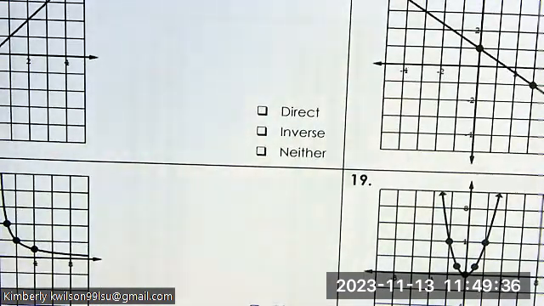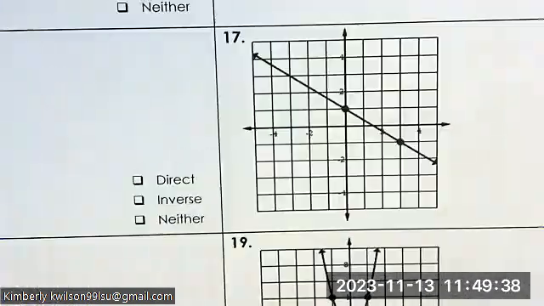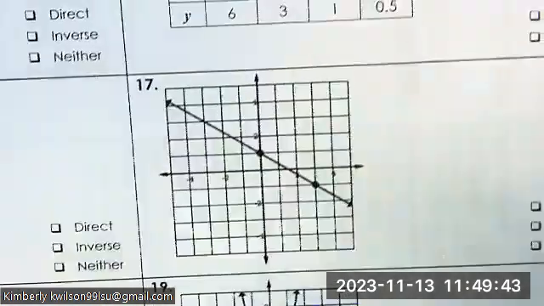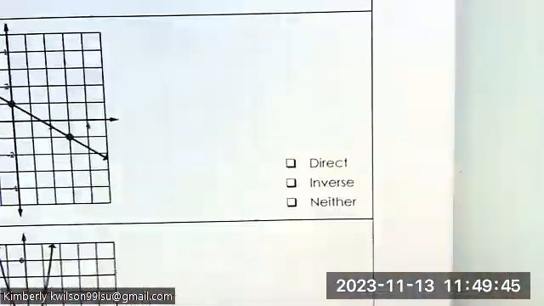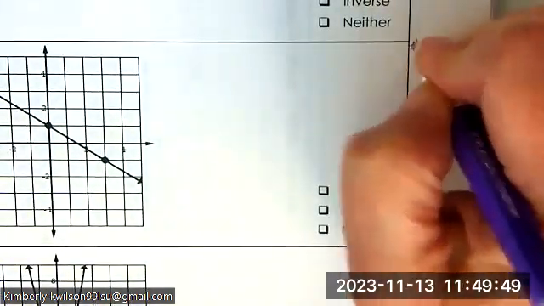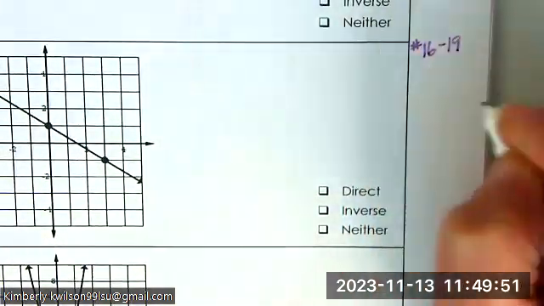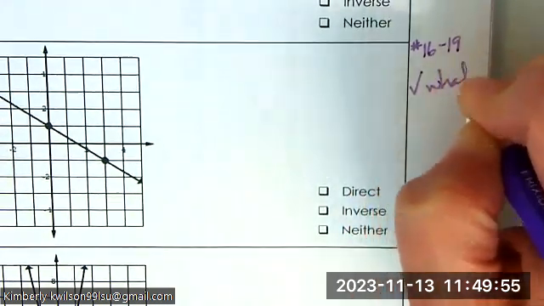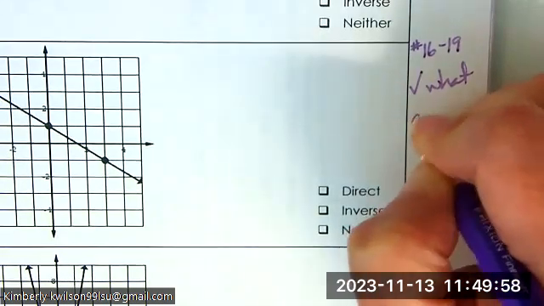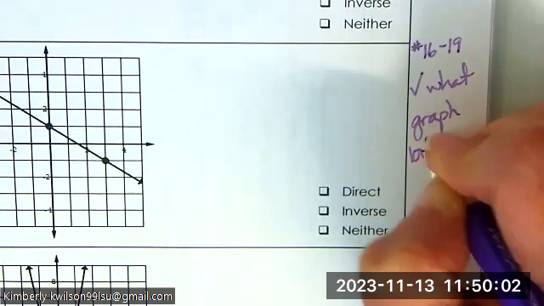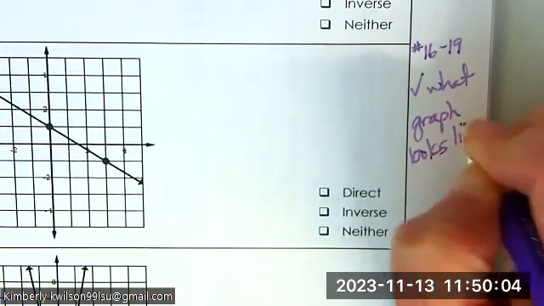Okay, moving on to the next section. We're talking about when we're looking at the graph. So let's write our little note over here on the side for 16 through 19. So this is for numbers 16 through 19. We check what the graph looks like.